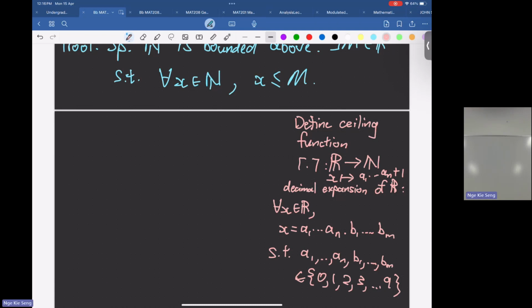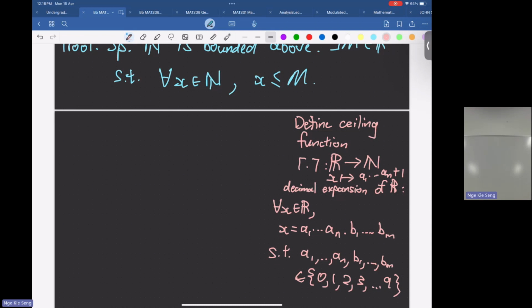Okay, but this is a bit, I would say, playing cheat because we don't quite know R, but we have this function already. Later we will have a cleaner way to prove this statement.